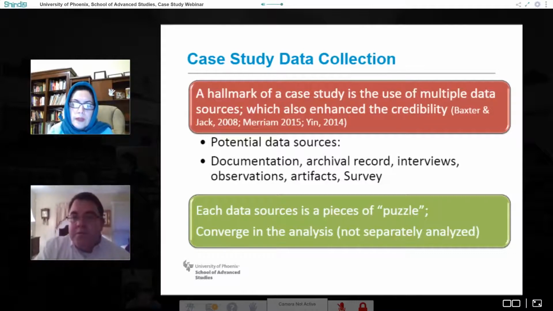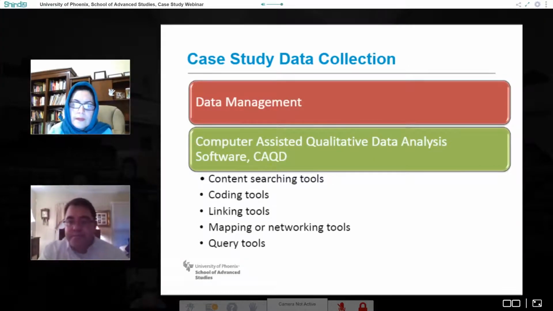Okay, so next. One of the issues related to case study, because we use multiple sources of data, is the issue of managing these multiple sources of data. That's one of the concerns related to case study, particularly when we go with multiple cases, then it gets even harder to manage our data.